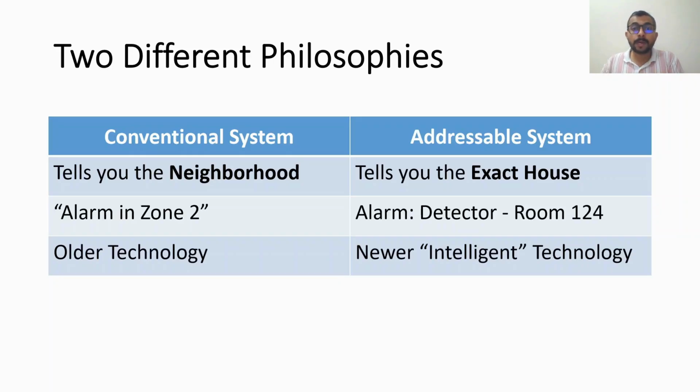So that's the advantage of the addressable system when you compare it with the conventional system. The conventional system is an older technology, while the addressable system is considered an intelligent system, which is newer in terms of technology.